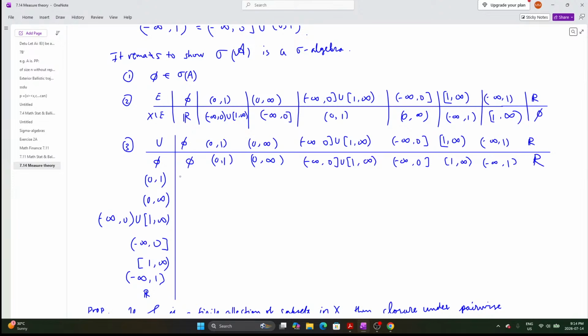Okay, so here you have 0, 1, 0, 1. 0 to infinity. Okay, this is R, minus infinity to 1. 0 to infinity. Minus infinity to 1.